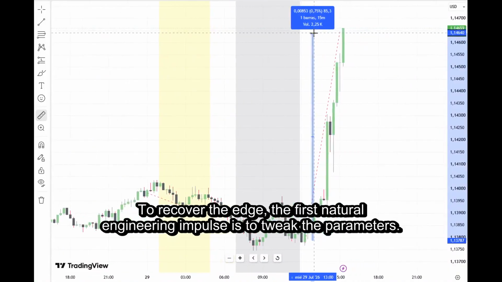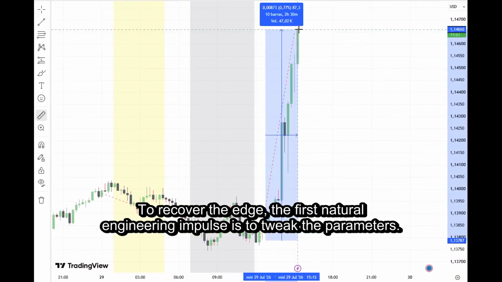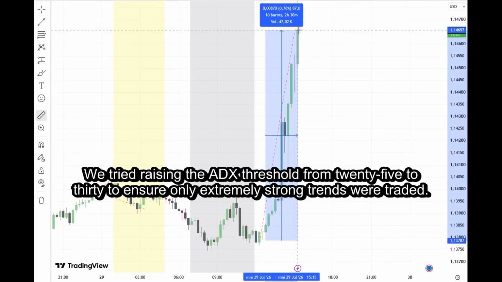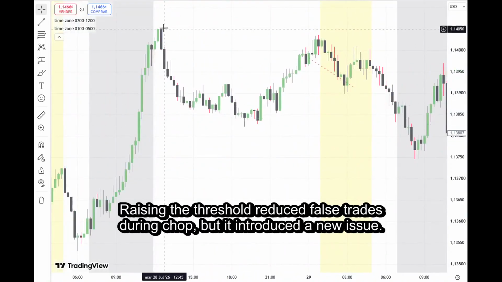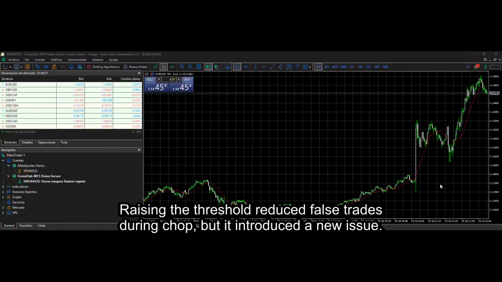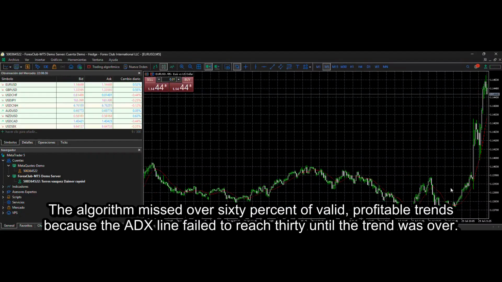To recover the edge, the first natural engineering impulse is to tweak the parameters. We tried raising the ADX threshold from 25 to 30 to ensure only extremely strong trends were traded. Raising the threshold reduced false trades during chop, but it introduced a new issue. The algorithm missed over 60% of valid, profitable trends because the ADX line failed to reach 30 until the trend was over.